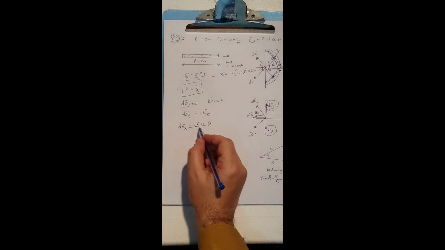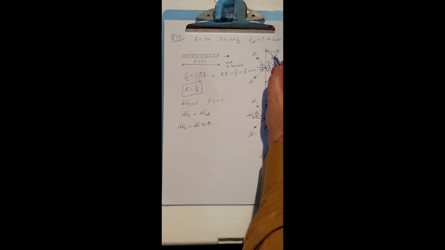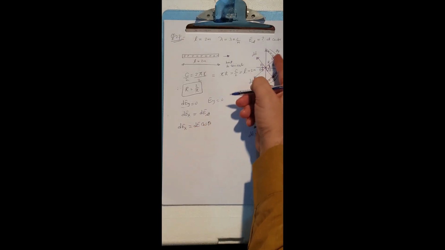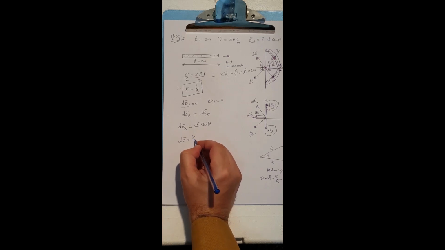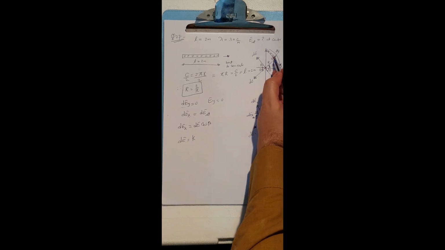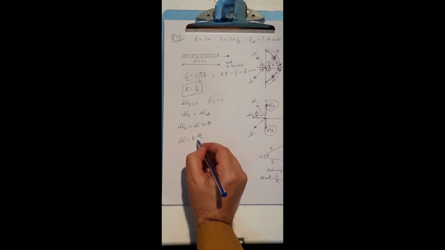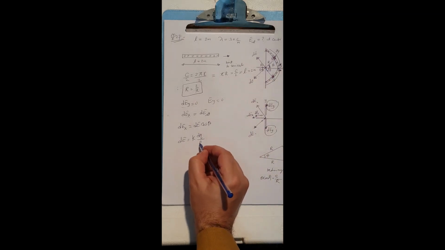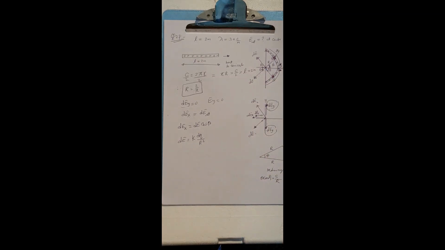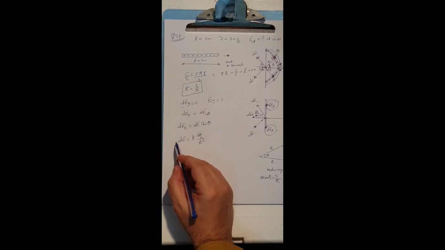Right. Now, how do we find the electric field of a point? This is like a point charge. What's the electric field here? One element, dE is K, the charge here, the point charge, is dQ over R square, where R is the distance between these 2 points, and this is the same as the radius. Right.